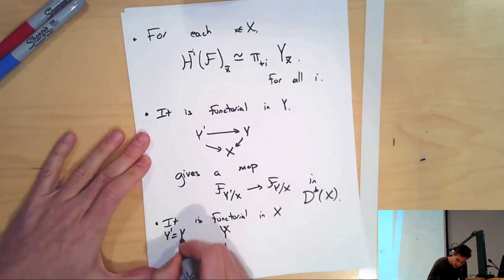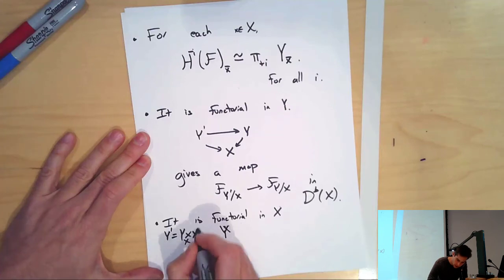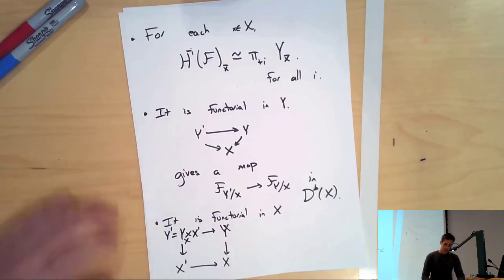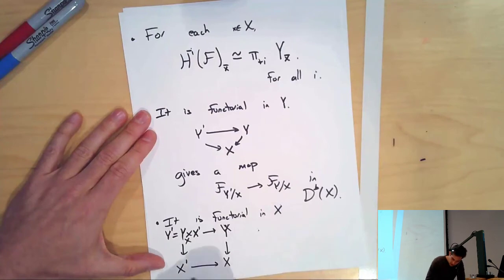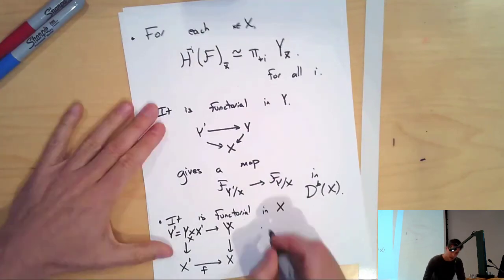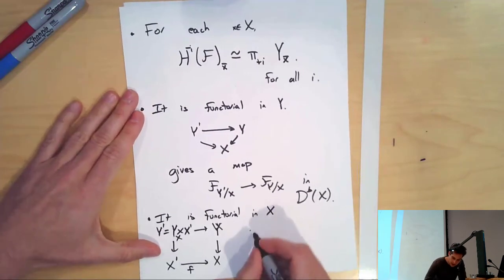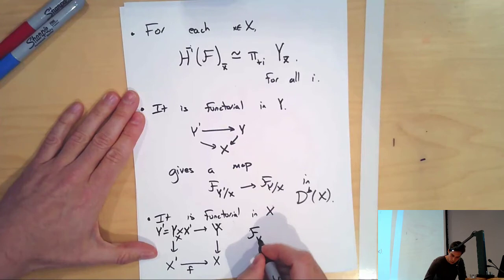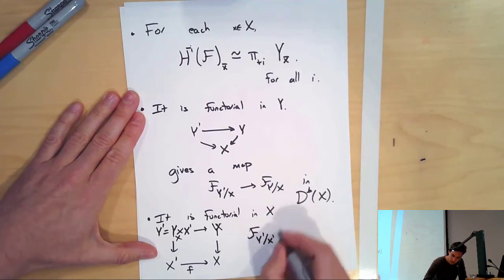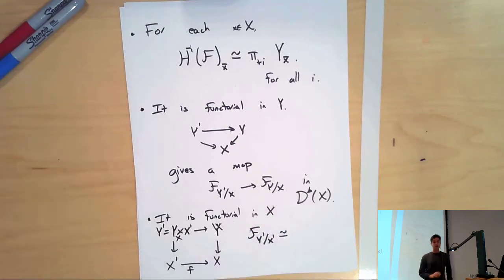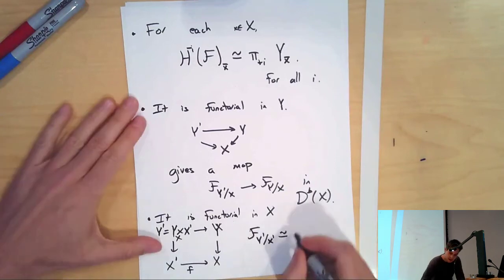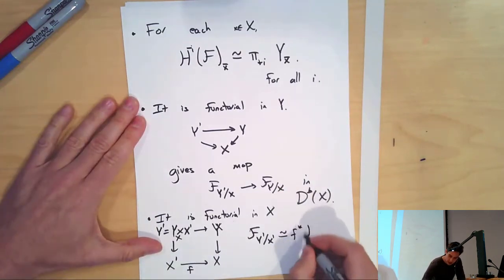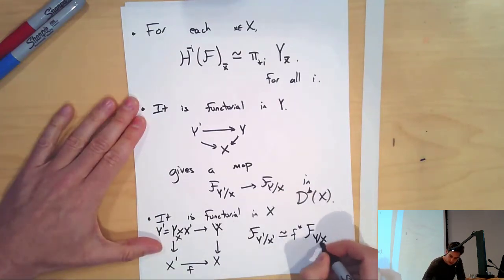Y' is Y cross over X with X'. Let me call this map from X' to X little f. In that case, what I want to say is that the sheaf that I'm going to assign to Y' over X', which lives in the bounded derived category of X', should just be the pullback of the sheaf that I assign to Y over X.